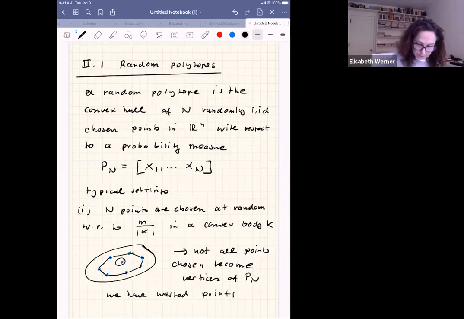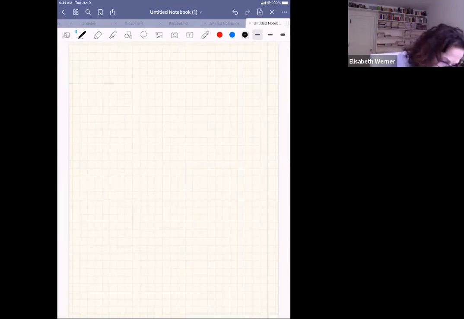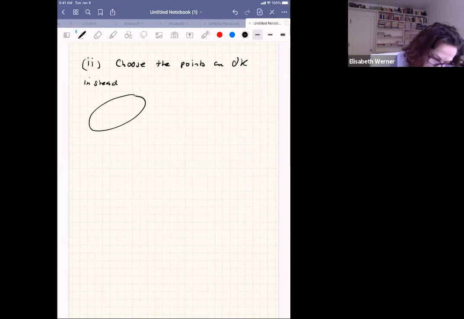So it would be much more economical to choose the points on the boundary of the body instead. It looks like so.